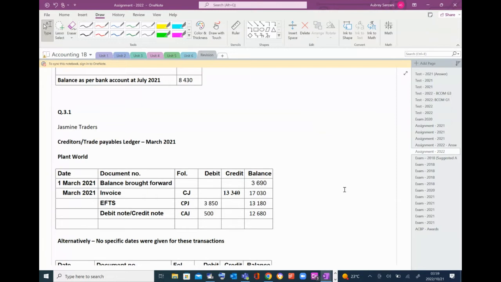So Plant World is obviously their creditor, one of their suppliers, as at the end of April. You have been provided with the following information. Information summarized by the journals relating to Plant World.